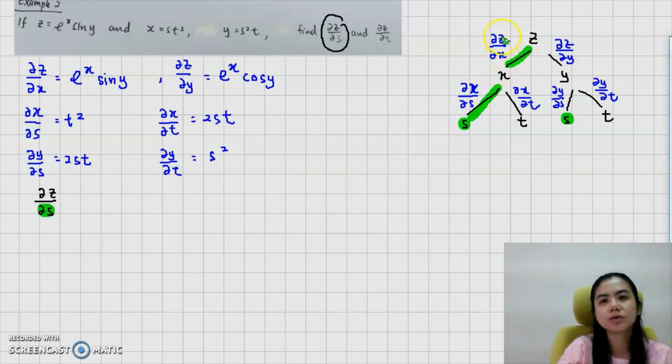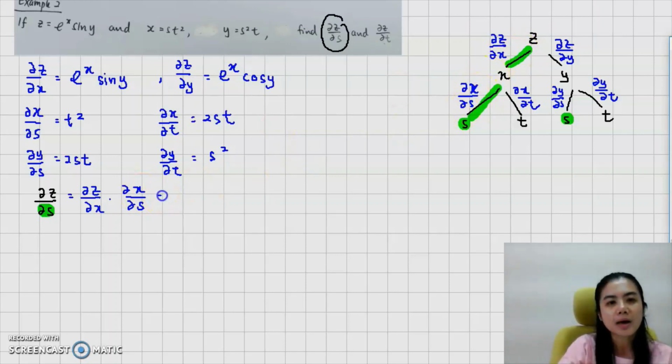Along the branch you can see the partial derivatives, and we multiply them together. So we have del z del x multiplied with del x del s. You must multiply down.